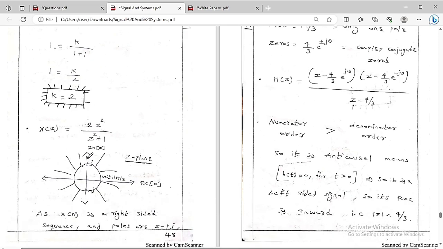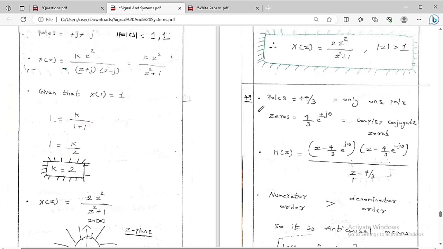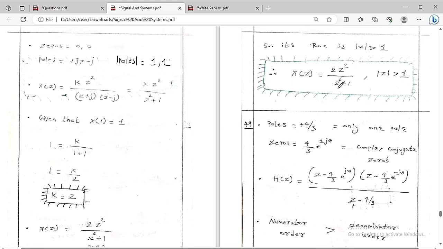I already told you the ROC will never include the poles. So as the signal is right-sided, the ROC is only outward of a circle. It is |z| > 1, as the poles are on the unit circle. So further, X(z) = 2z² / (z² + 1) with an ROC |z| > 1.